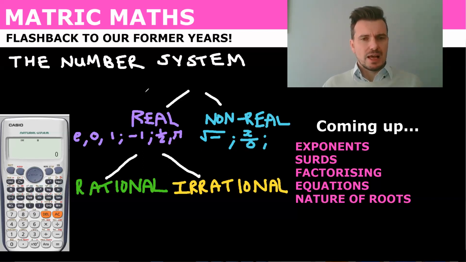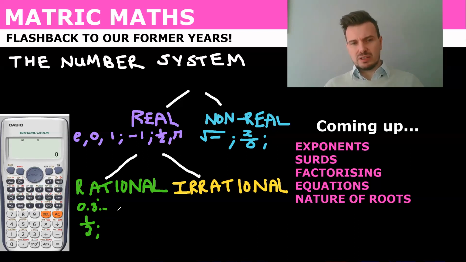And then a rational number is a number that can be expressed as a fraction. So any fraction. So if you get 0.3 recurring, that's actually a rational number because it can be expressed as 1/3. All our integers and our whole numbers all fall under the rational category.